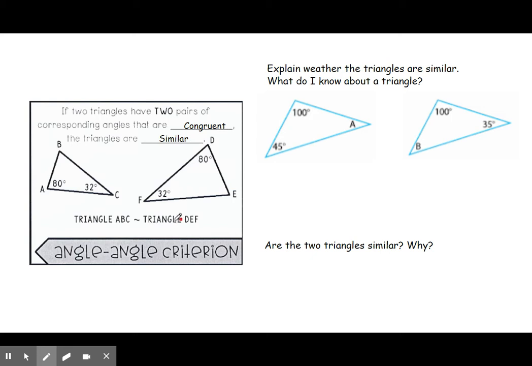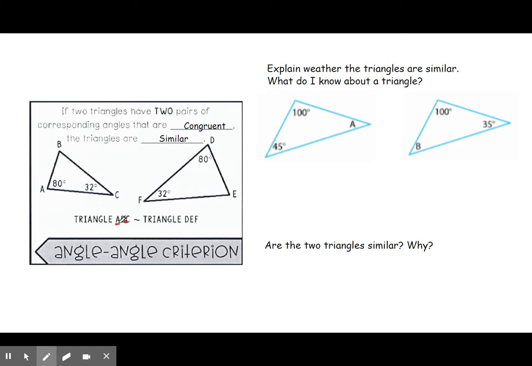Now, the easiest way to find our corresponding angles. Remember, corresponding means they are in the same position. Anytime I have a similarity statement, it's easy to find my corresponding angles because they're going to be in the same spot in my statement. So for example, here I've got triangle ABC.